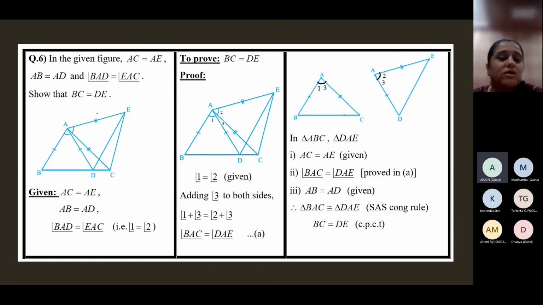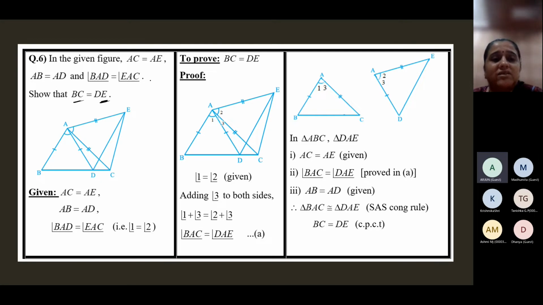And also, you must take a triangle which has BC as a side, another triangle which has DE as a side. Because only then, when you show that those two triangles are congruent, you will find the sides BC and DE, and you can show that they're equal.